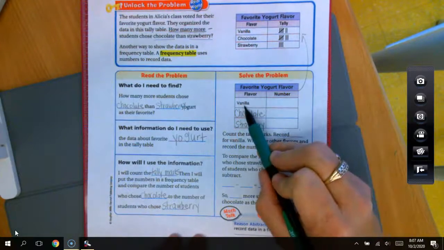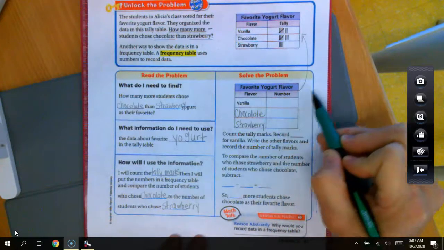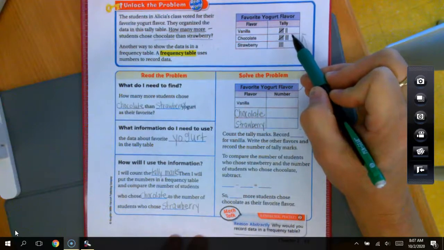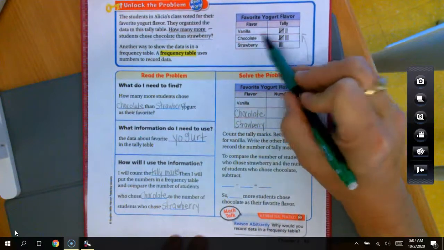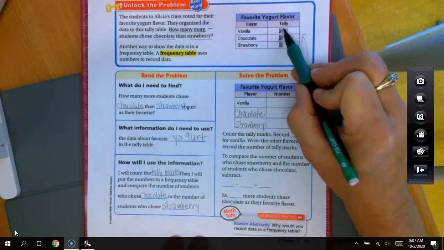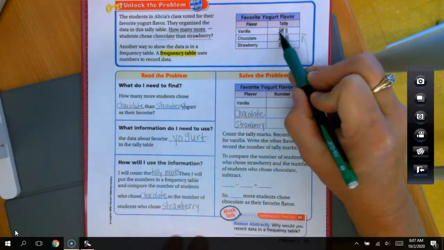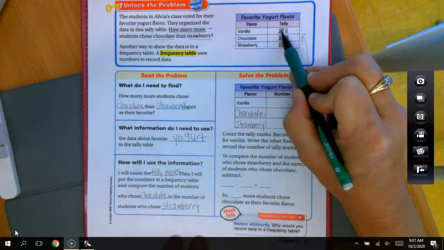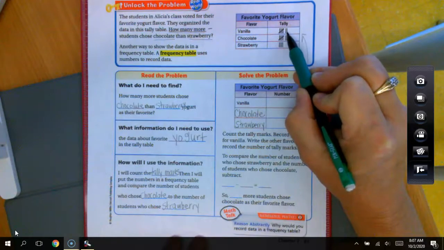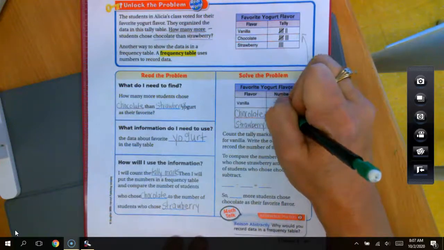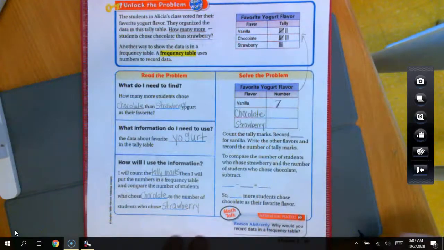If I go over to vanilla, I have to go back up to my tally table and count how many tallies I have for vanilla. We know this is a group of 5 because it has a seatbelt on it. 1, 2, 3, 4, seatbelt is 5. So that's 5, 6, 7. All I'm going to do, boys and girls, is write the number 7 next to vanilla.